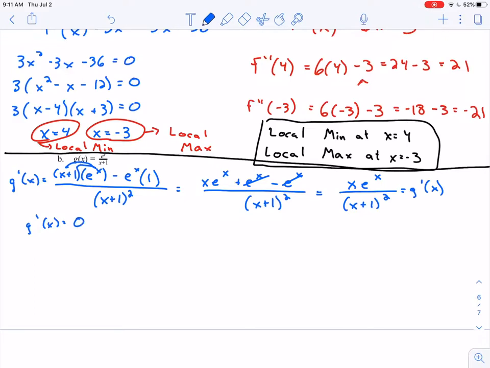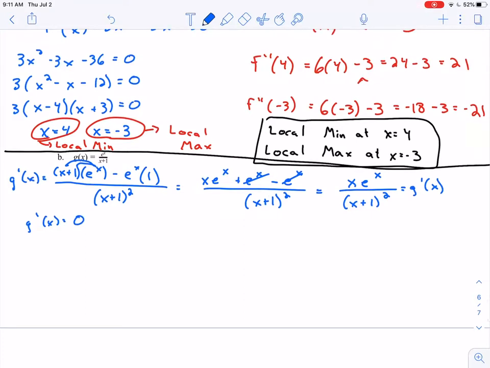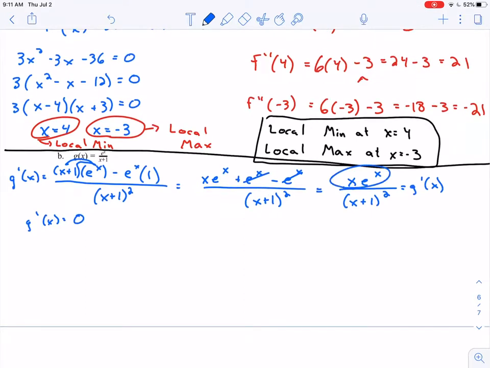Since it's not quite a rational function, I'm going to take the numerator of my fraction right here and set it equal to 0. So x times e to the x is equal to 0. And here I really have two factors, so I can take each factor and set it equal to 0.